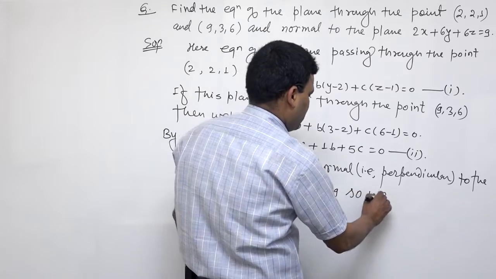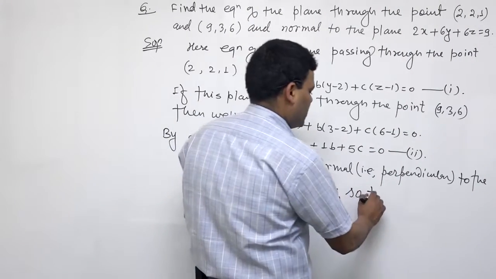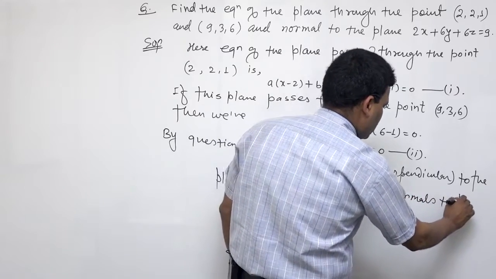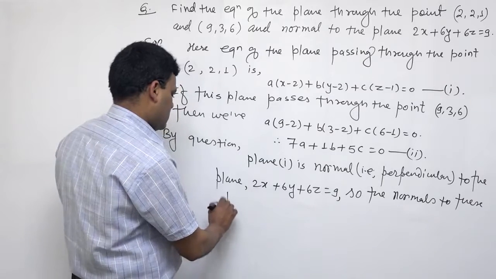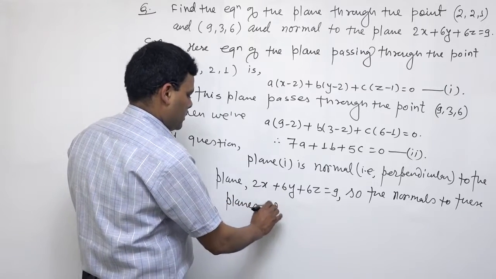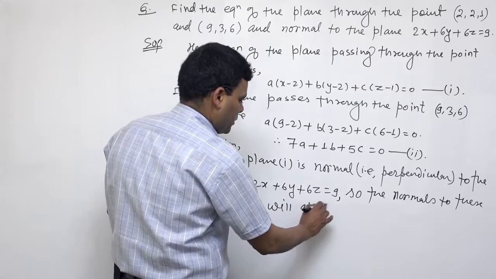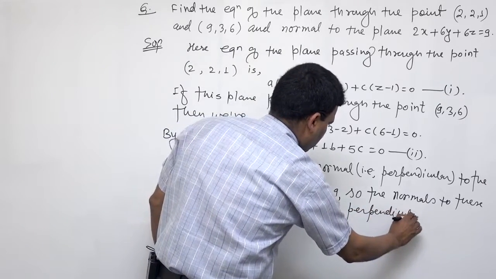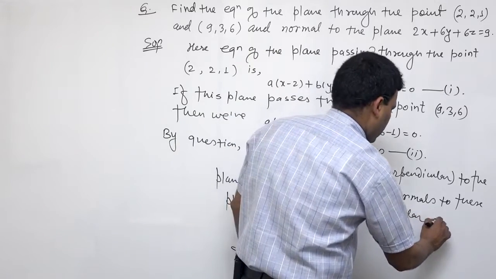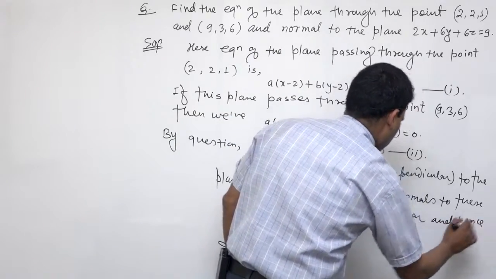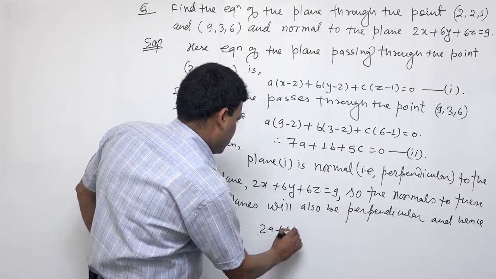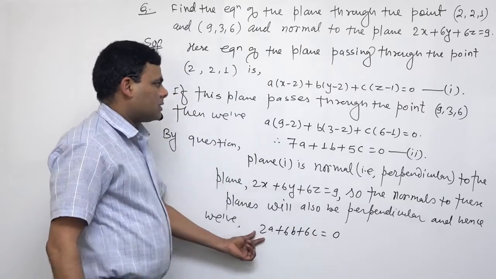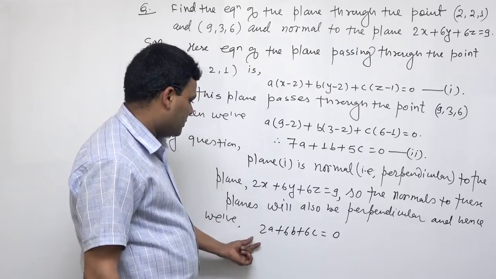So we have the normals to these planes will also be perpendicular, and hence we have a1 a2 plus b1 b2 plus c1 c2 equals 0, that is 2a plus 6b plus 6c equals 0.